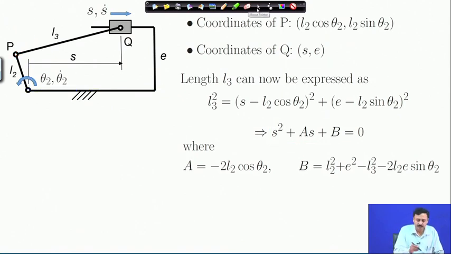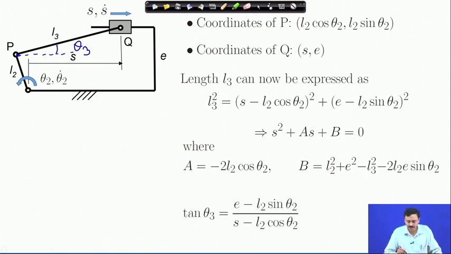Of course, we can also find out this angle, which is our angle theta 3. We can find out tangent theta 3 in terms of s and theta 2. Once I have solved for s from this quadratic equation, I can find out theta 3. So, this we have looked at before. Let us move forward.